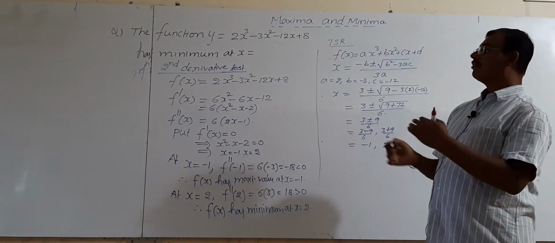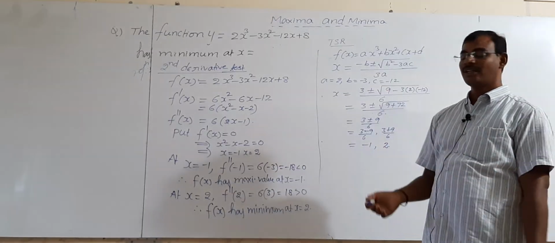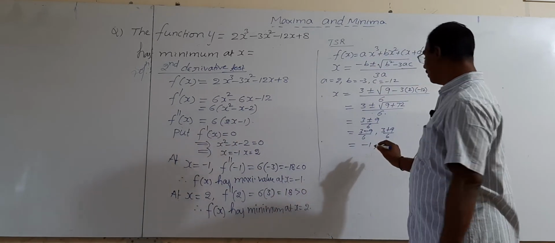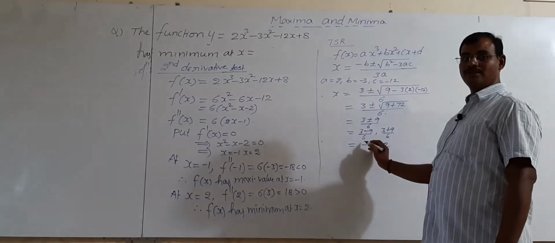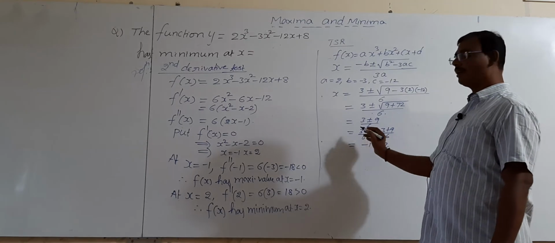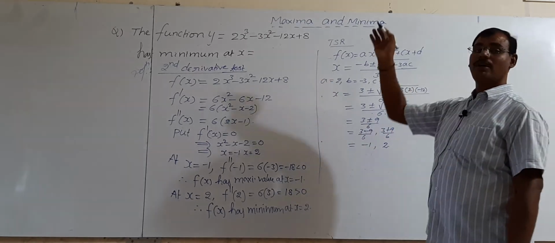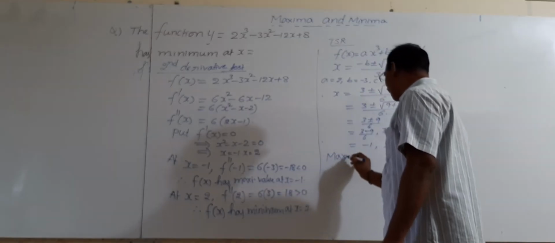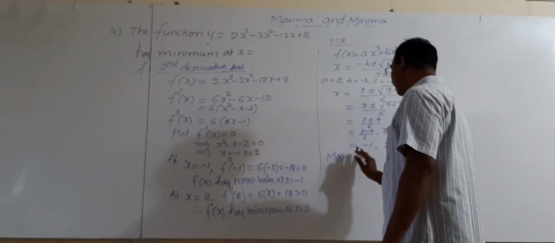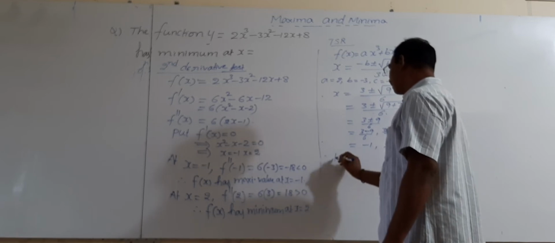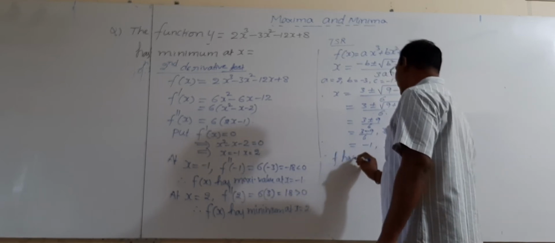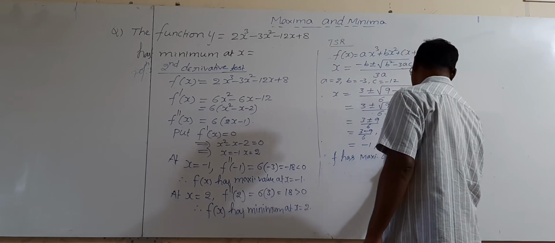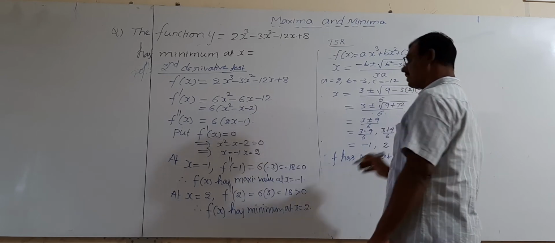Hereafter, at what value of x does it have a maximum and minimum, without checking like this? Directly, whichever is the lower value, at that value f of x has a maximum. So which value is lower between these two numbers? f has a maximum at x is equal to the lower number, minus 1.